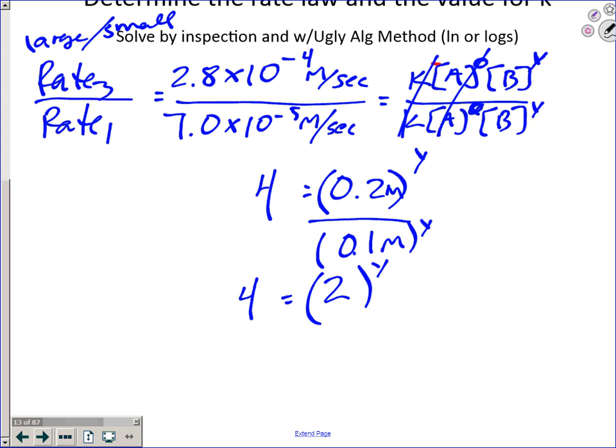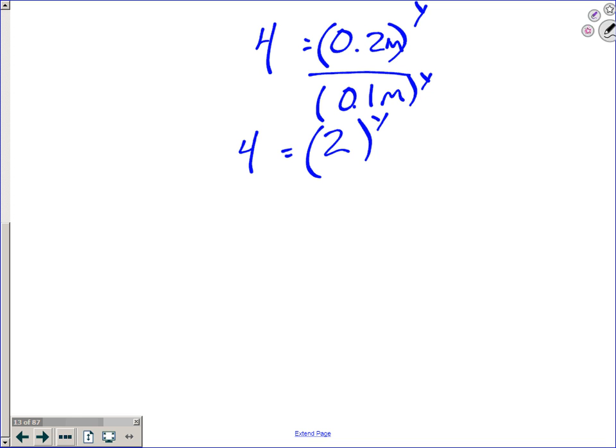So if I had to solve for y, not just looking at this and going, oh, duh, it's obviously 2, how would I be able to pull y, this exponent, out of the exponent area? Logs or natural logs, right? Either way would work. I'll do logs because you guys said logs. So I'm going to log both sides. This is called ugly algebra. So log of 4 equals log of 2 to the y.